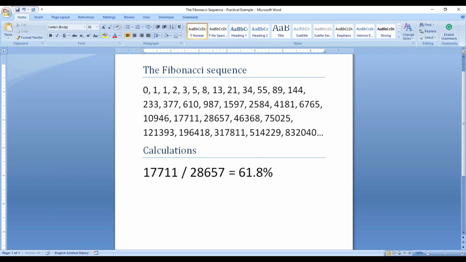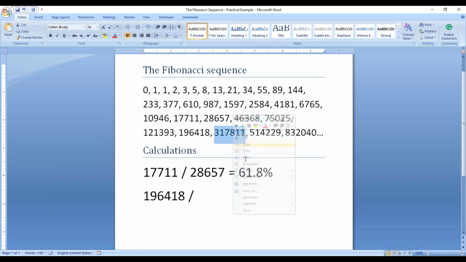All right, now I'm going to do the same with the number that stays 2 positions to the right. But I'm going to take some other random number. Let's take something bigger. Let's, for example, use 196,418. Here it is. This number, and I'm going to divide it by the number that stays 1 position to the right in the sequence, 317,811.